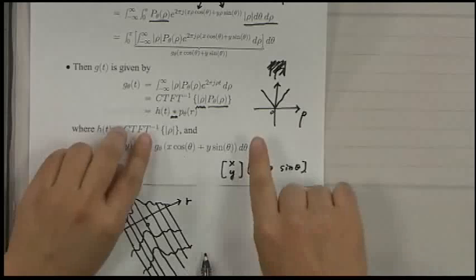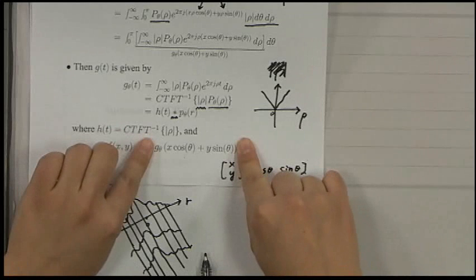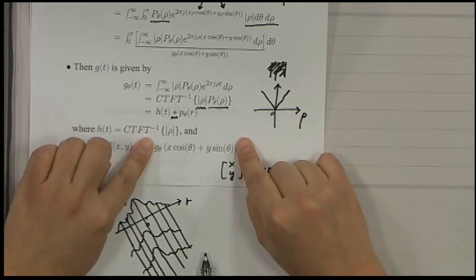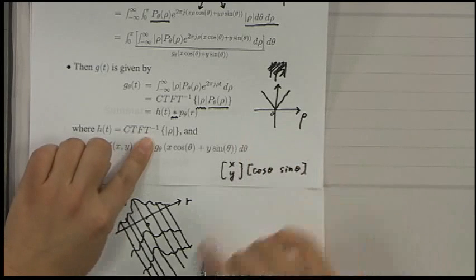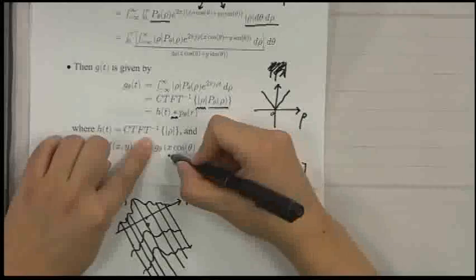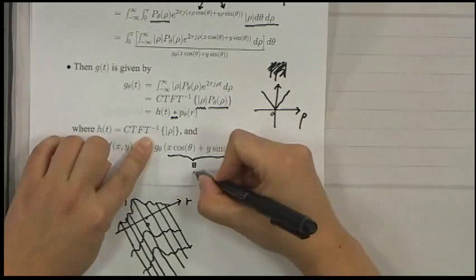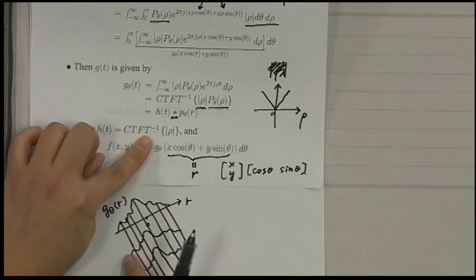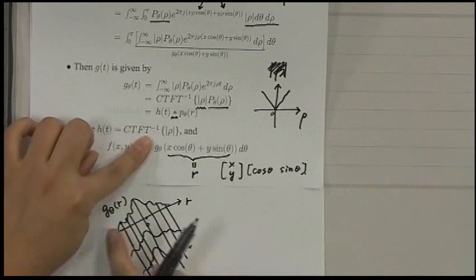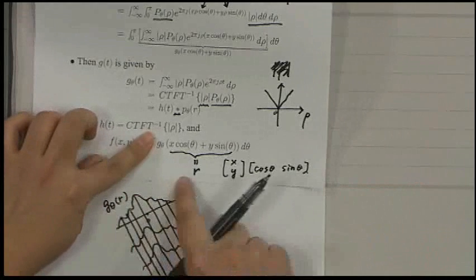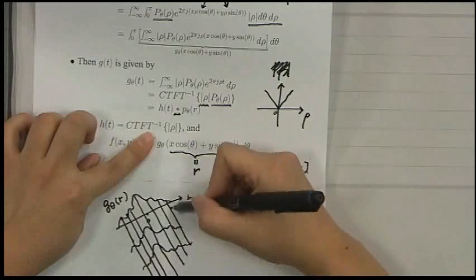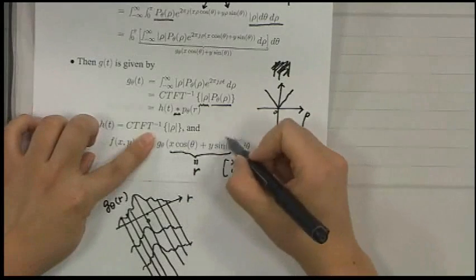So actually, if we ignore this integral part, let's think, what's the shape of this function? Actually, we can write this function using some contour. So let's assume this part is equal to r, and then actually we can draw contours like this. So this is g theta r, and these are the set of (x,y) which satisfies this equation.